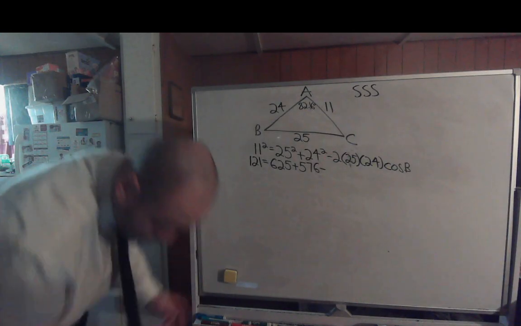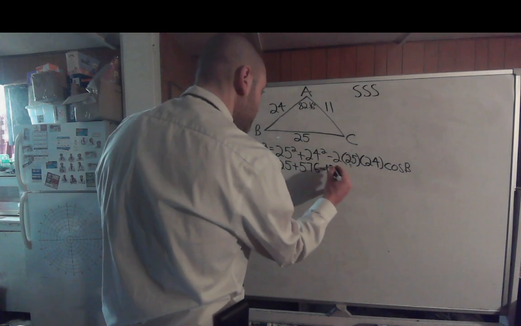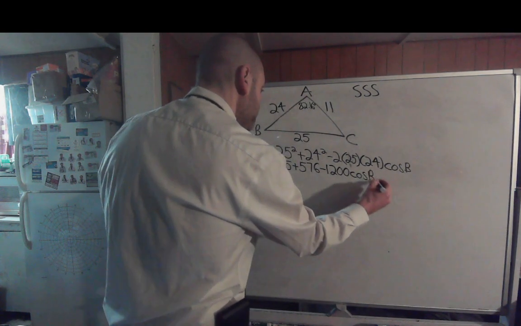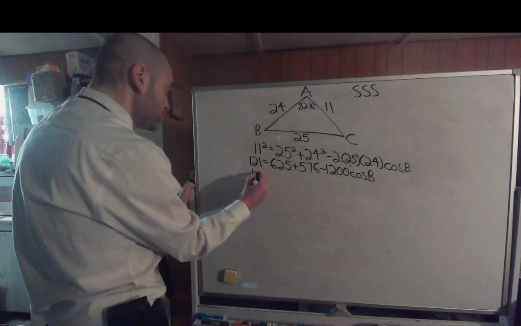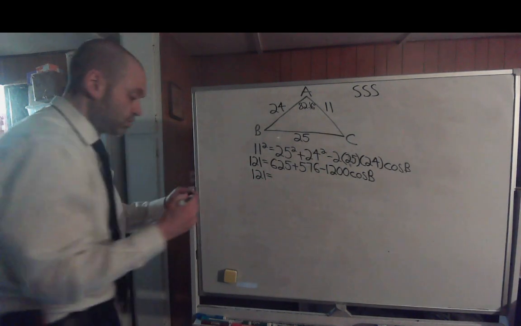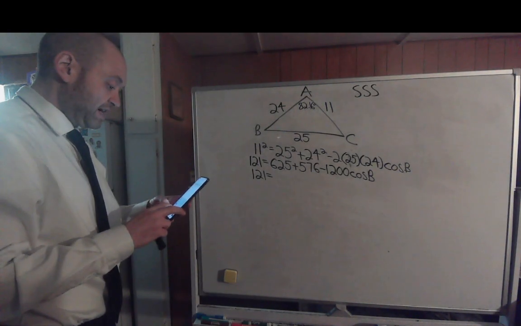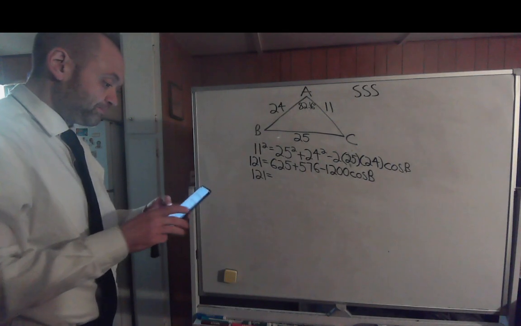It'd be 1200, so minus 1200 times the cosine of B. So that means 121 is going to equal, let's simplify that 625 and 576 a bit.